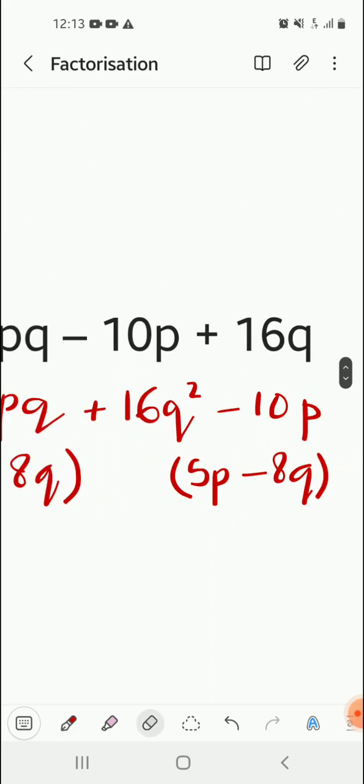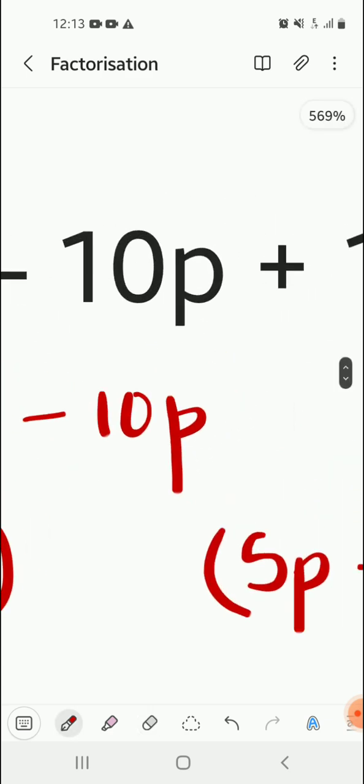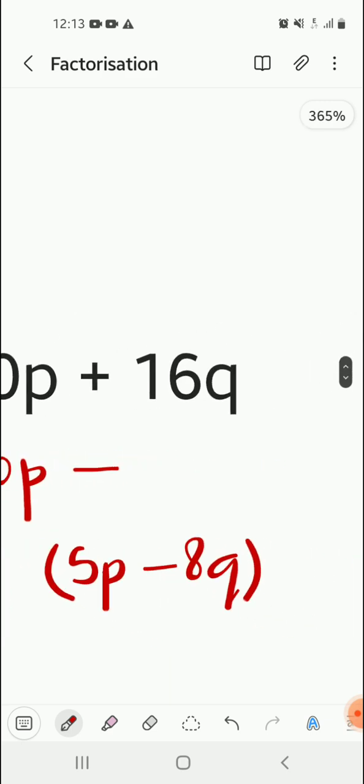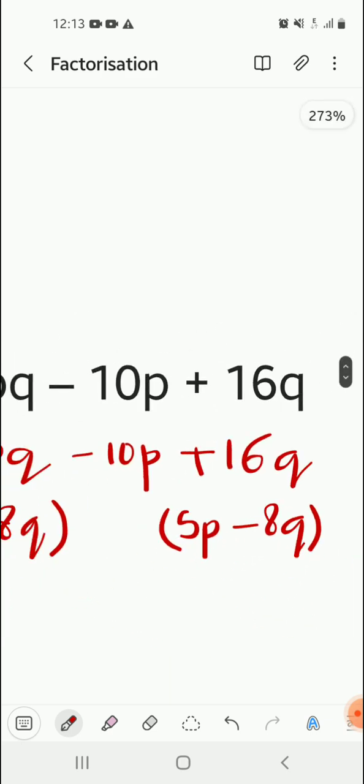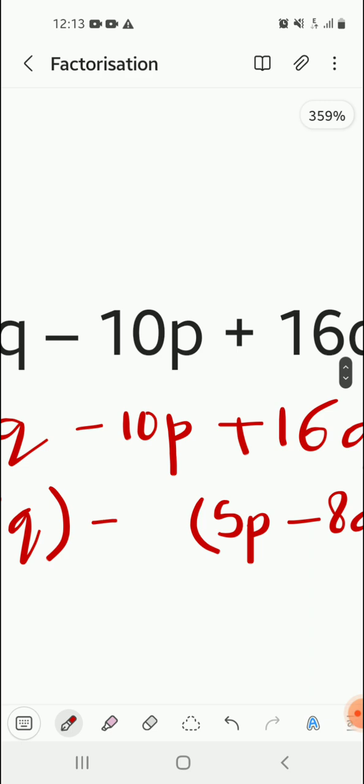So here what you can do is rearrange it in this manner, that is write minus 10p first and then plus 16q. So here in both the cases, 10 and 16, we have got 2 as common. So we are going to write minus 2.